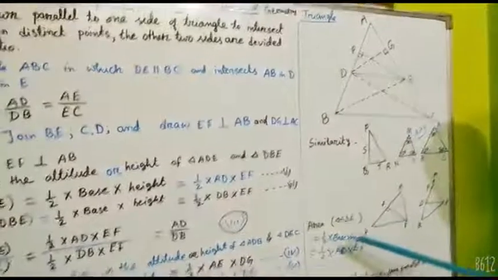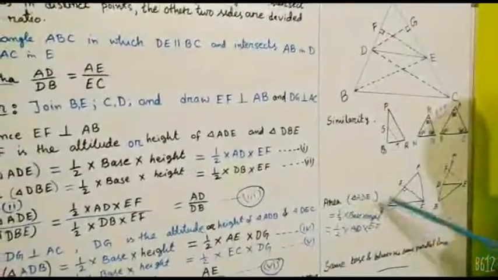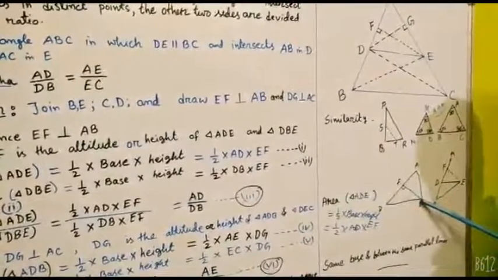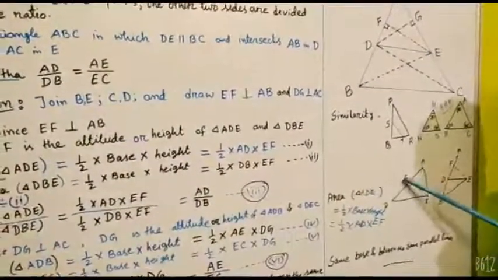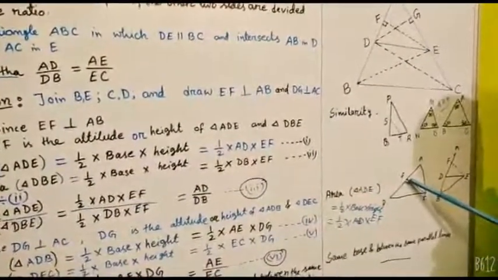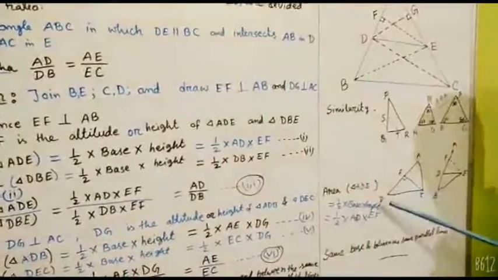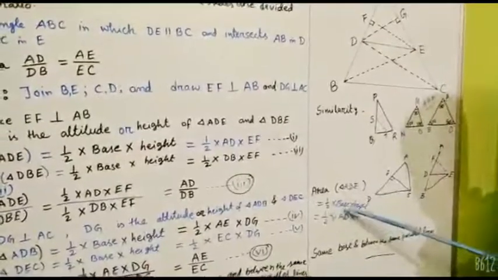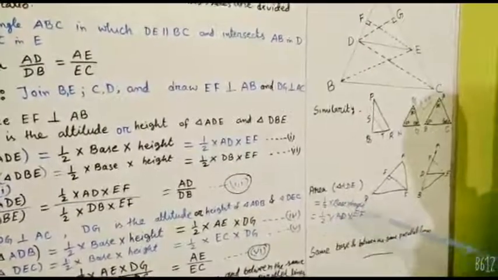Now, the area of a triangle. Suppose ADE is a triangle and EF is a height or an altitude. The area of triangle ADE is equal to half into base into height, half into AD into EF.